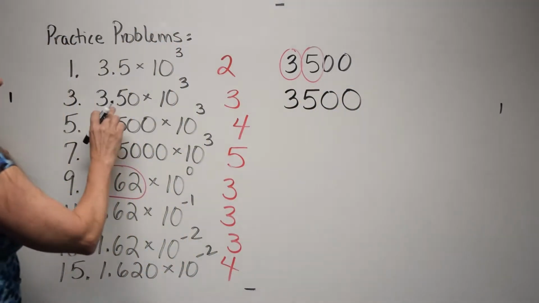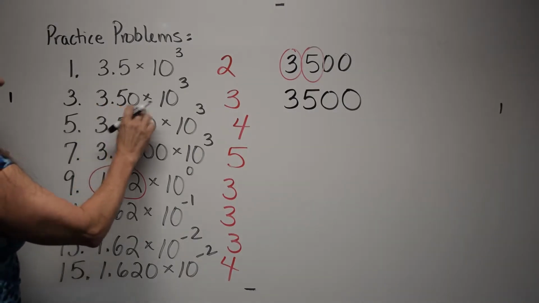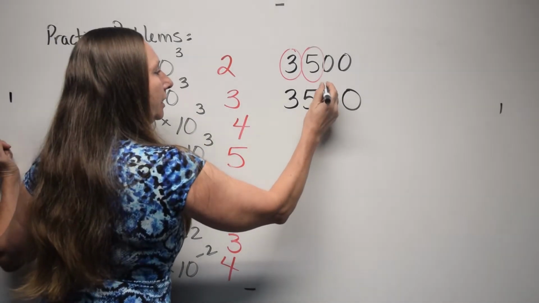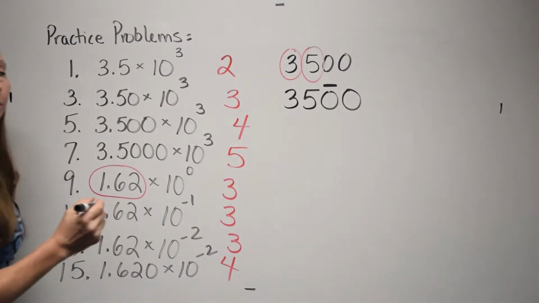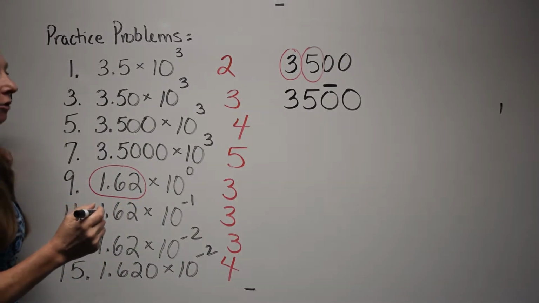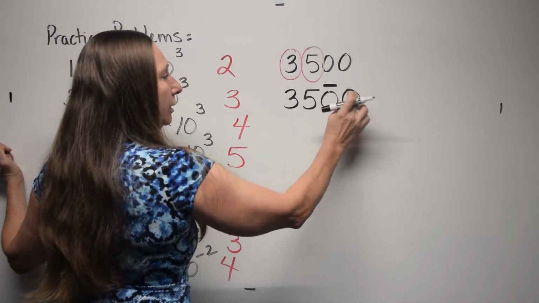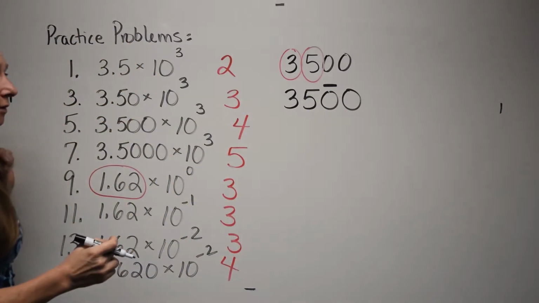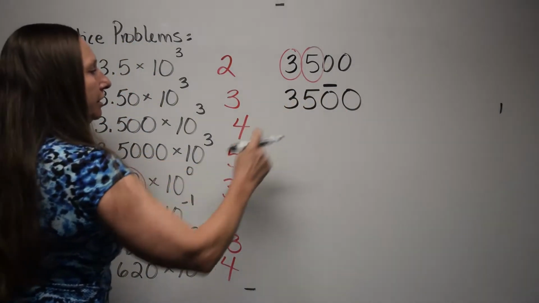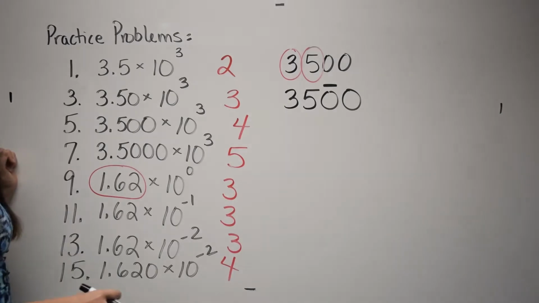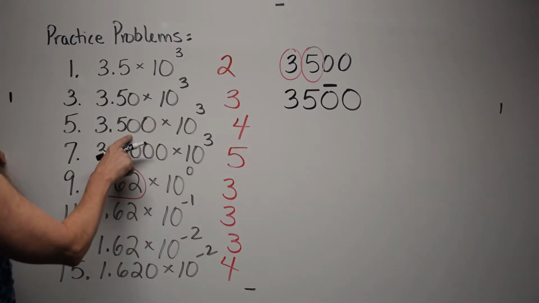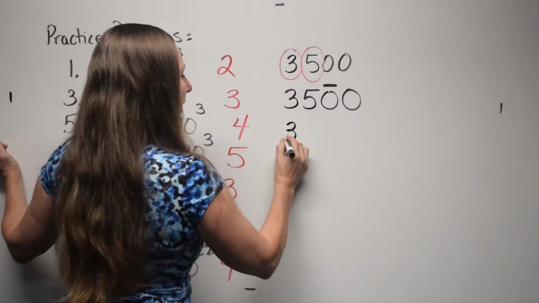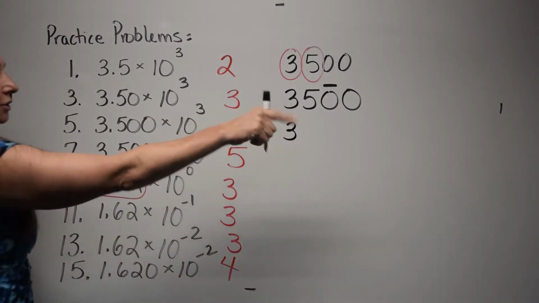But to indicate that all 3 of these numbers, 1, 2, 3, are significant, you remember you have to put a dash over that 0. You don't want to put a decimal point. That would indicate that this 0 is also significant. All right, so here we have 3 significant figures. And we'll double check all of these when we're finished. Here we have 4 significant figures. So again, you're moving the decimal place 3 places to the right.